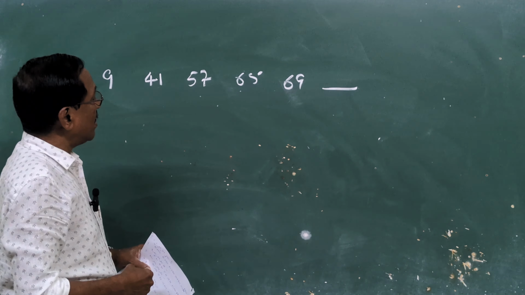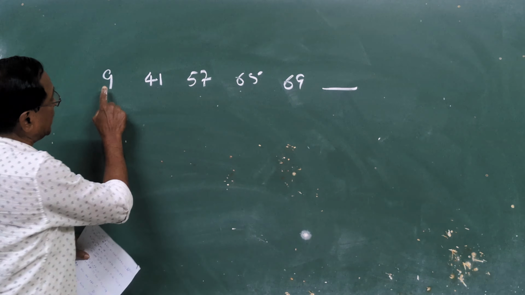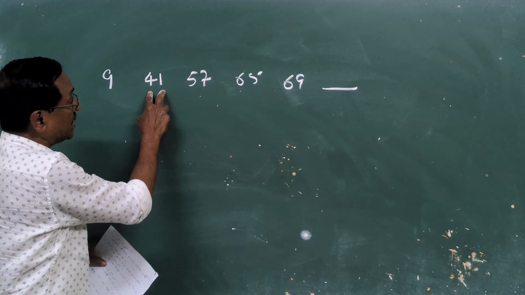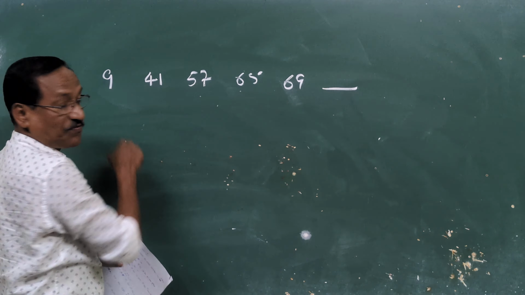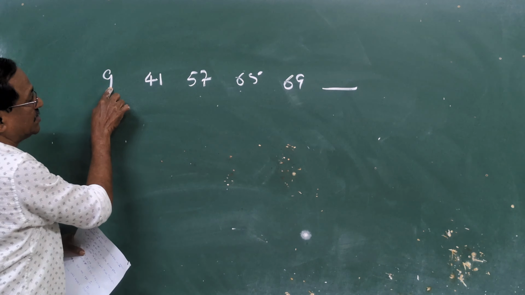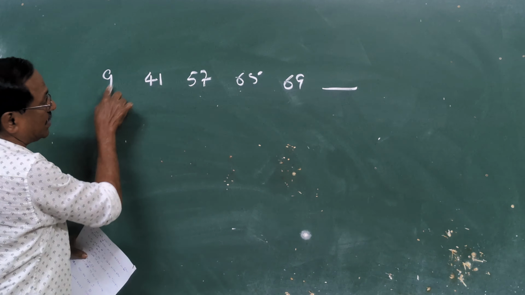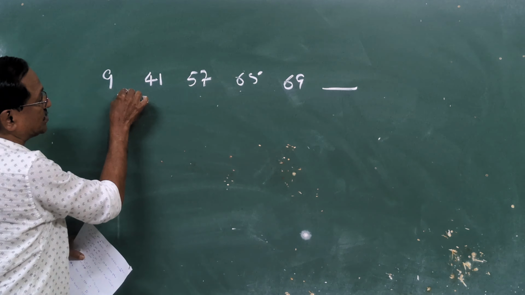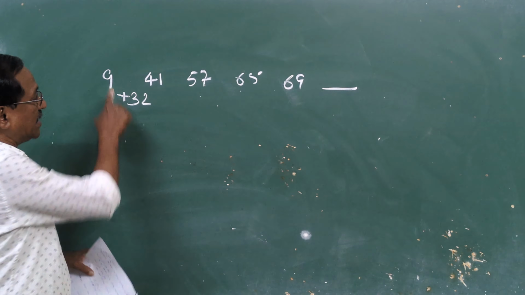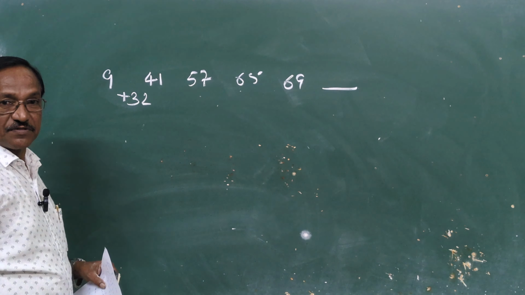Then we think about adding what number to 9 will give 41, then adding what number to 41 will give 57, and so on. Here, from 9 to get 41, we must add 32. 9 plus 32 is 41.